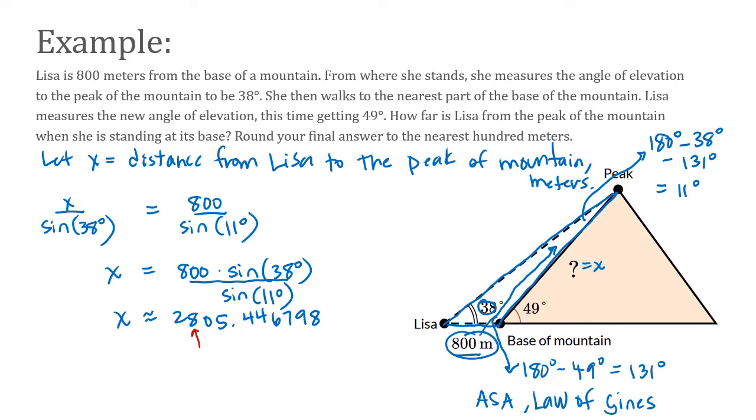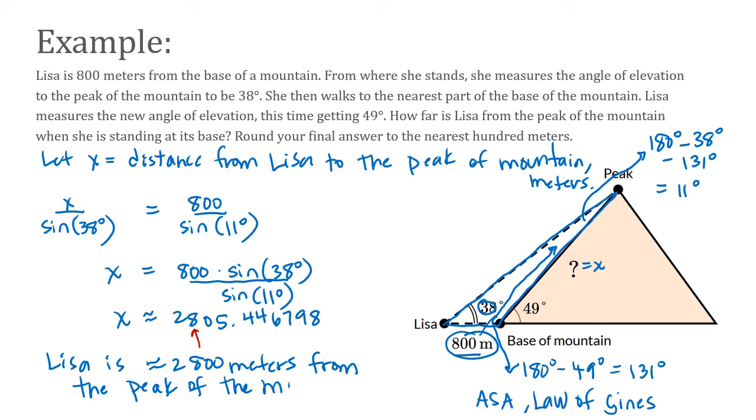So we're going to say this: Lisa is approximately 2,800 meters from the peak of the mountain. And that is, of course, when she is standing at the base.